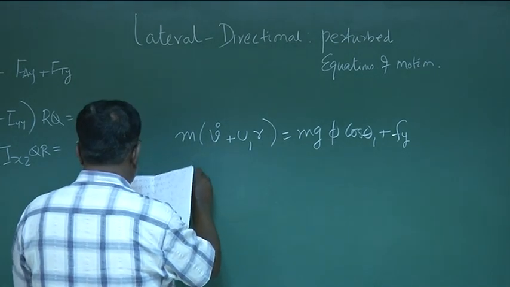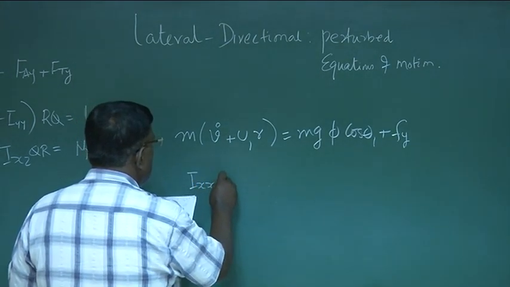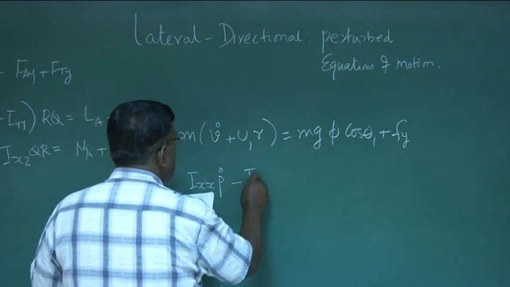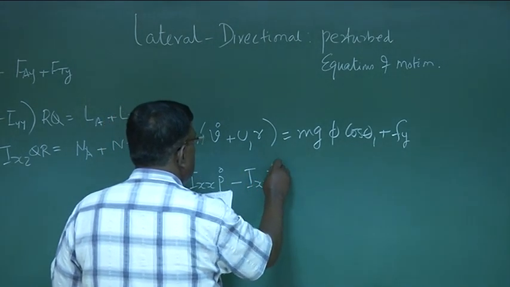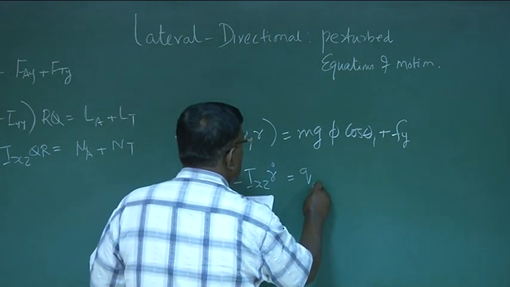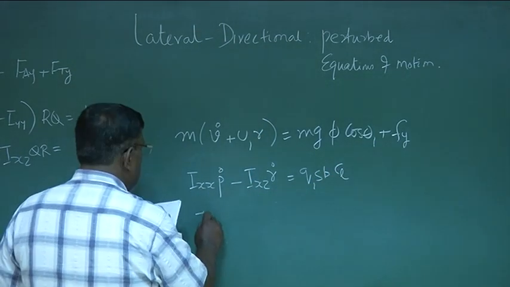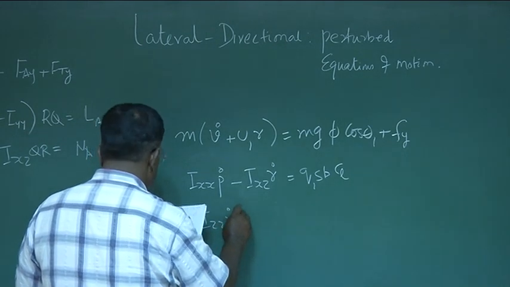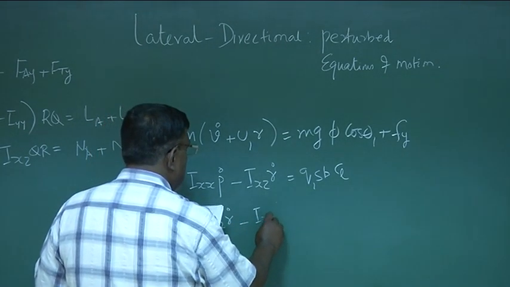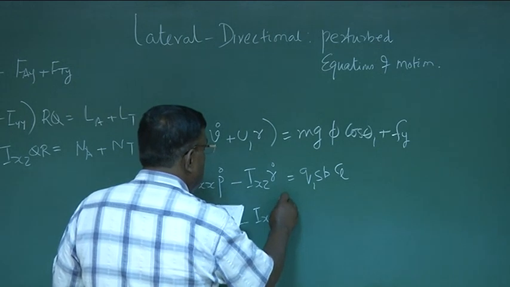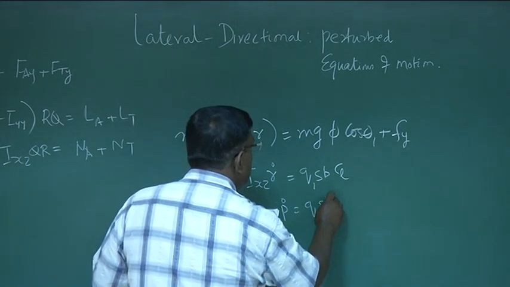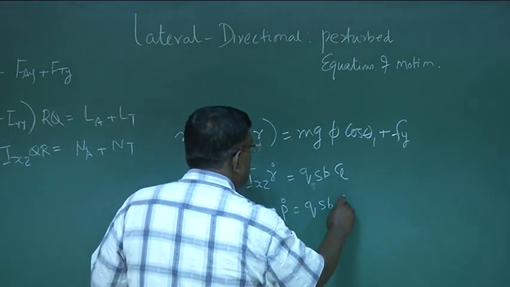Similarly, I will get Ixx p dot - Ixz r dot = Q1 S b Cl, and Izz r dot - Ixz p dot = Q S b Cn.